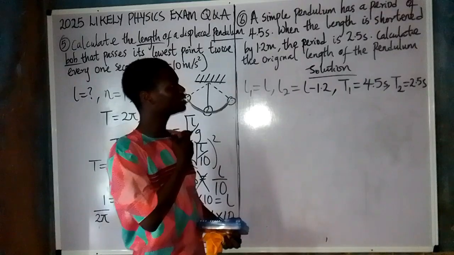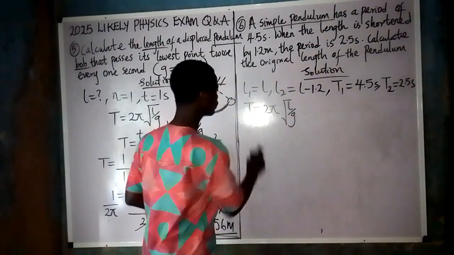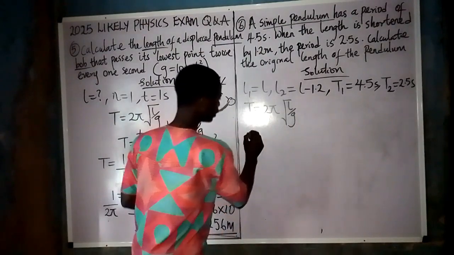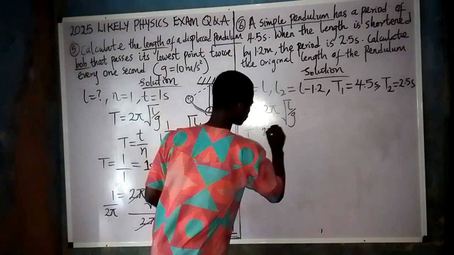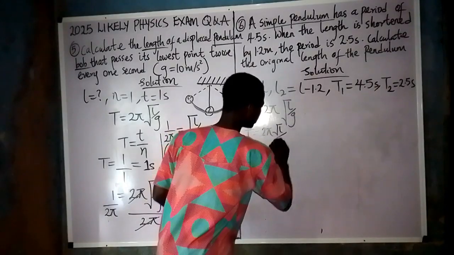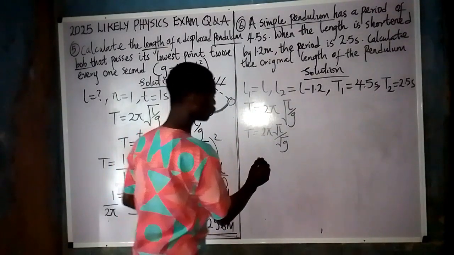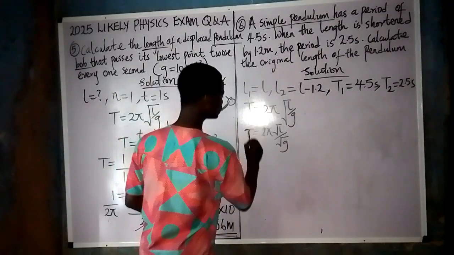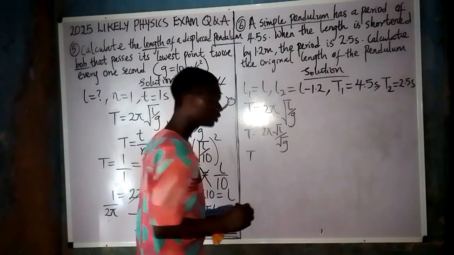Calculate the original length. So from here, we are going to draw a relationship between T and L. We know that this can be expressed also as T is equal to 2 pi root L over root G. That's what we now have in another form. What is the relationship between T and root L? It is a direct proportionality relationship.